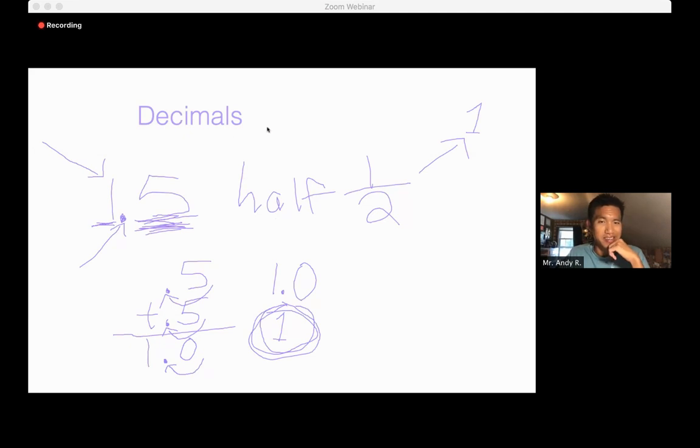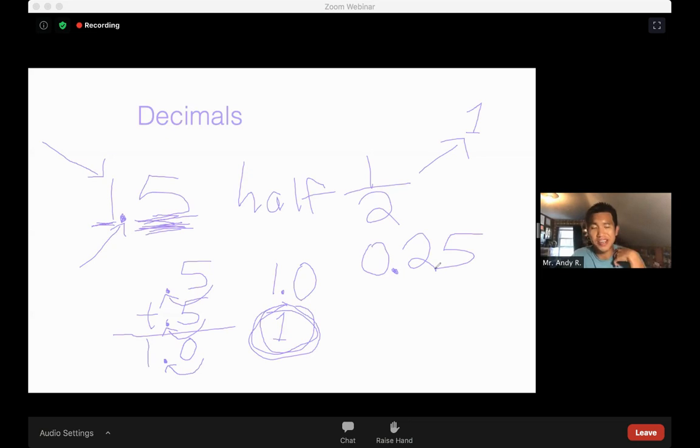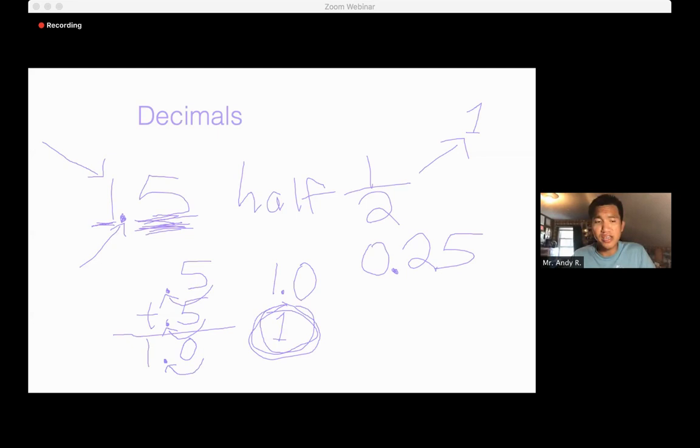Good. As for decimals, I'm going to give you another one. How about 0.25? How much is that? You can say the fraction, or you can try to describe it in your own words. What does 0.25 mean?